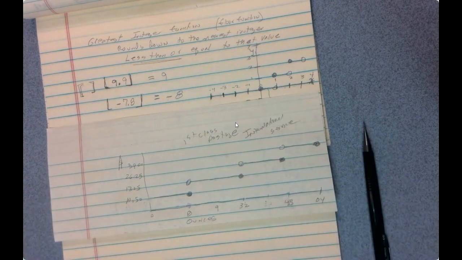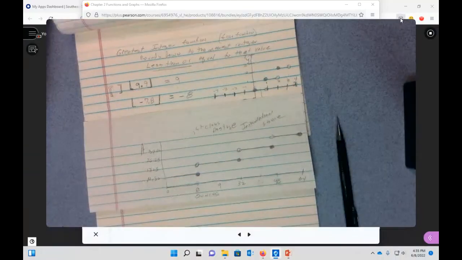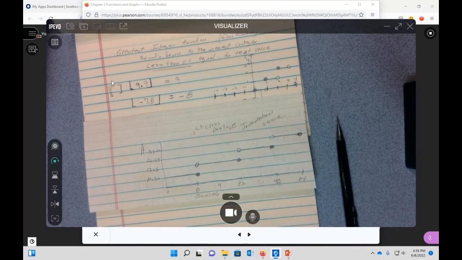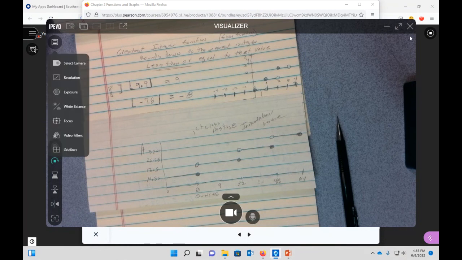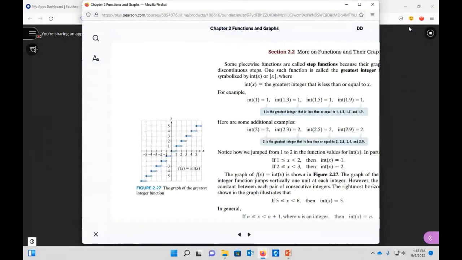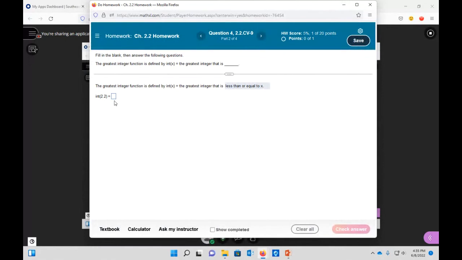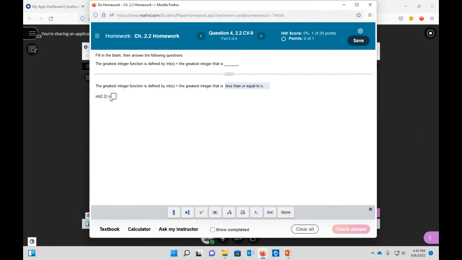Well, now, did we answer the question that we had a minute ago? I don't know if we did or not. Did we? Let's go back here. And let's see what we're doing. The greatest integer function defined by the integer that is less than or equal to x, where x is 2.2. The greatest integer that's less than or equal to 2.2 is what?